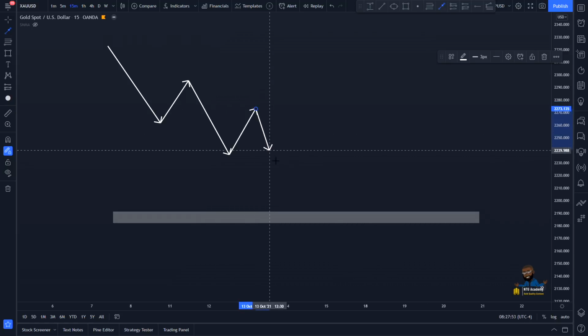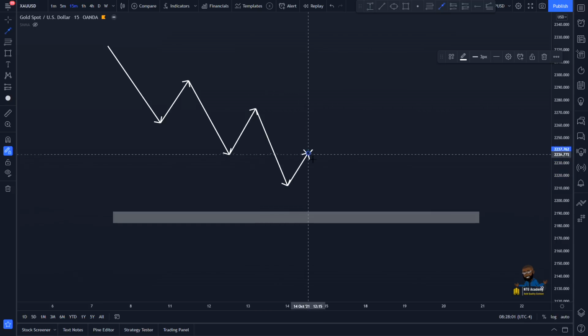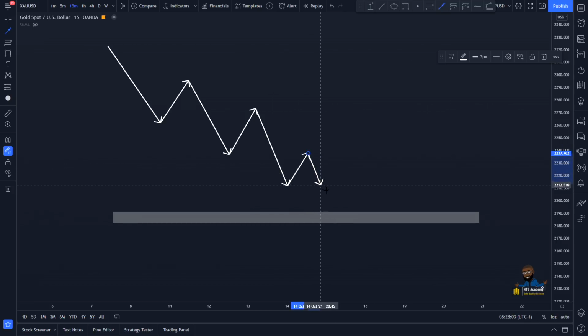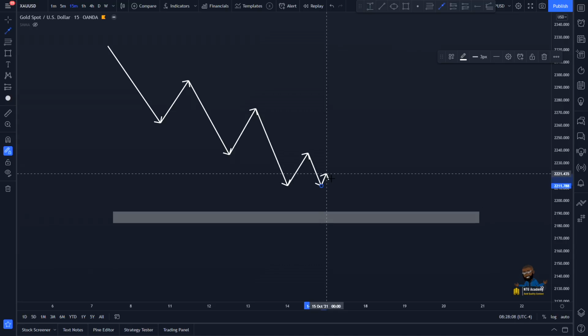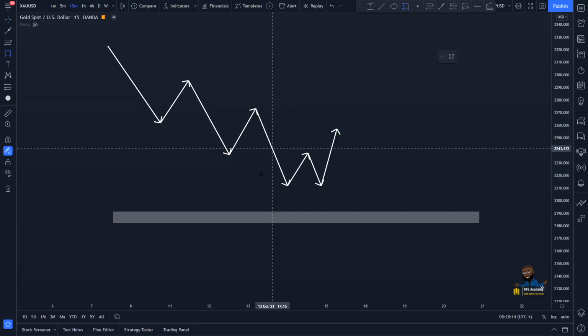Now, what normally happens is the market will struggle to create another lower low. So sometimes it will look something like this, and then we actually break previous low high structure.